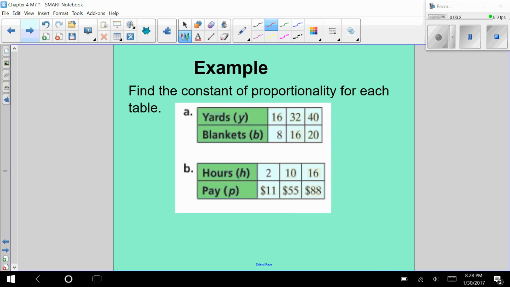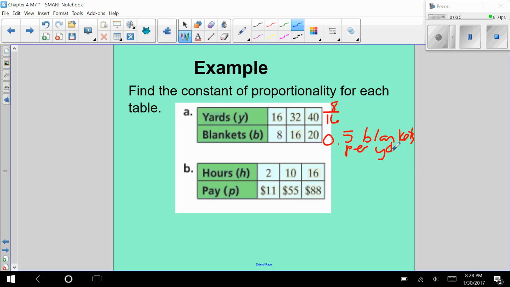So find the constant of proportionality for each of these. All right, for the first one, it's a little tricky. You could do yards per blanket or blankets per yard. It's actually asking for blankets per yard. So you need to do 8 over 16, or 16 over 32, or 20 over 40, which is 0.5, or 1/2, blankets per yard.